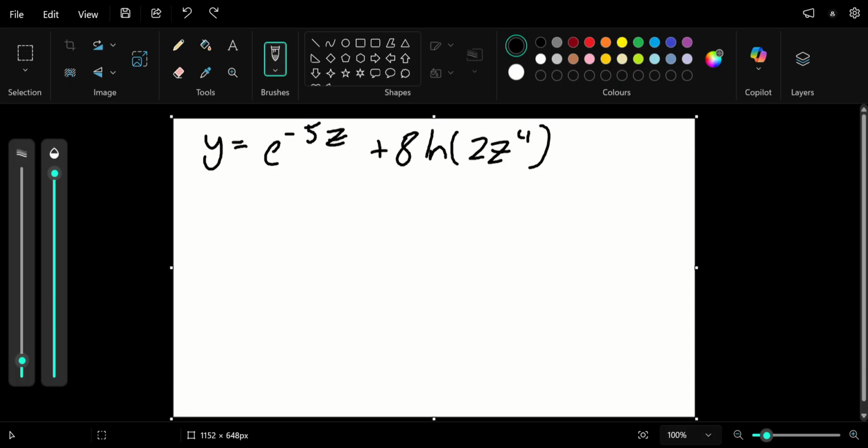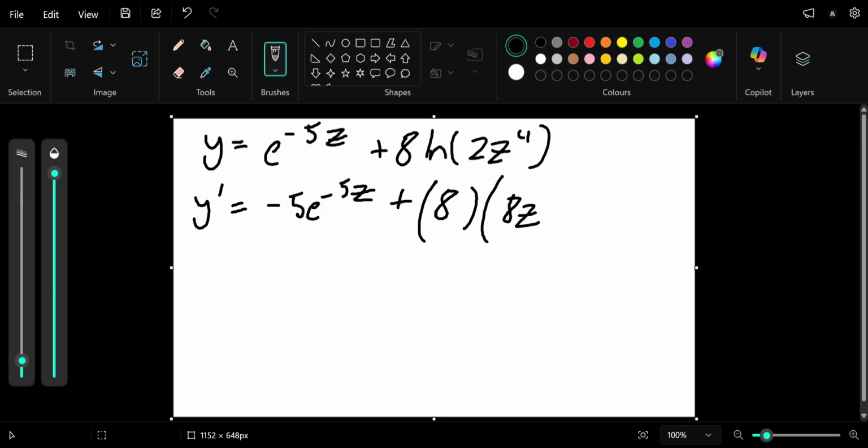Our first derivative will go like this. Minus 5 comes down, and the indices stay the same. Plus, here's where it gets tricky now with the log. Let's keep the 8. Differentiate what's inside the bracket into 8z cubed.